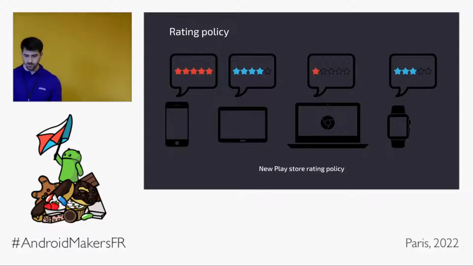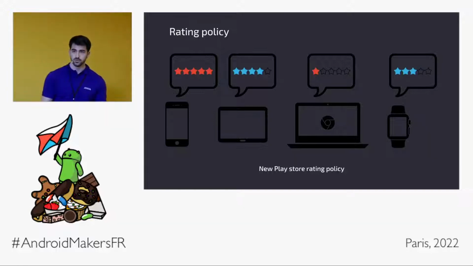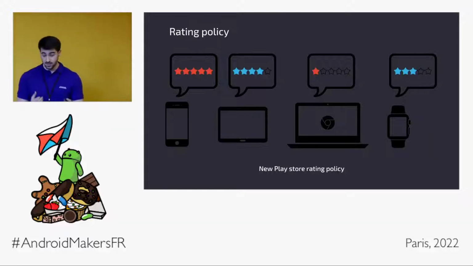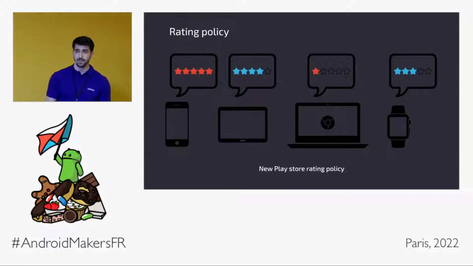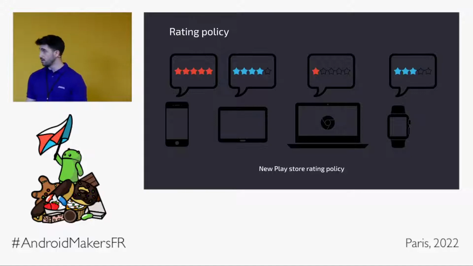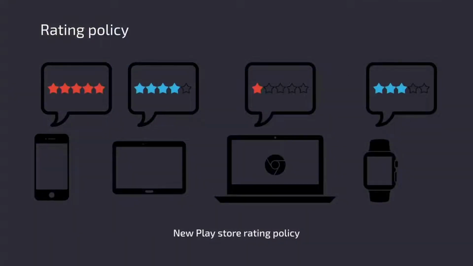So if users get your app from the store on Chromebooks and have a bad user experience, they will give you a bad rating, and you couldn't compensate for it with the other devices' ratings.